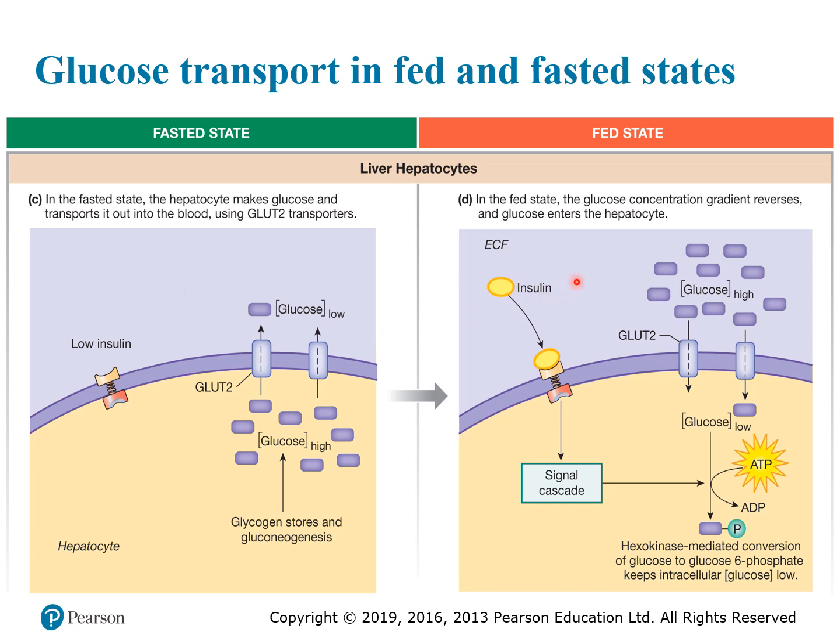Now, after we eat a meal and our glucose levels increase, that high level of glucose is going to stimulate the production of insulin. Once insulin is released, it's going to bind to receptors found on the liver cells, causing the glucose to actually start entering into the liver cell via the GLUT2 transporter.